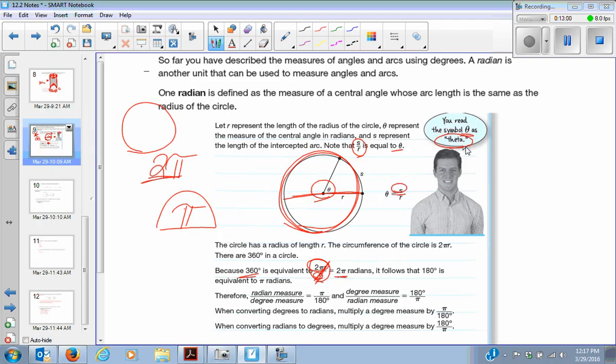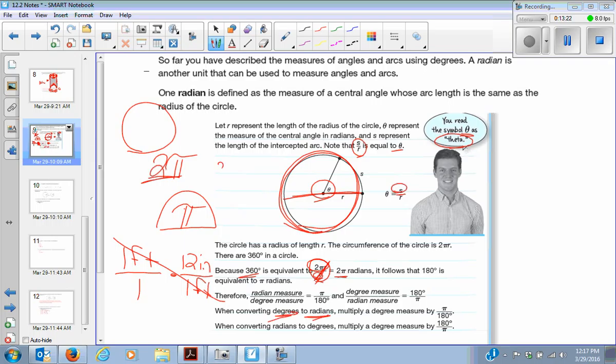It's very similar to when I had 1 foot and I wanted to convert that into inches, I would say 12 inches is equal to 1 foot. And the reason that you do this is because the feet cancel out. Here, when I'm going from degrees to radians, I want the degrees to cancel out.